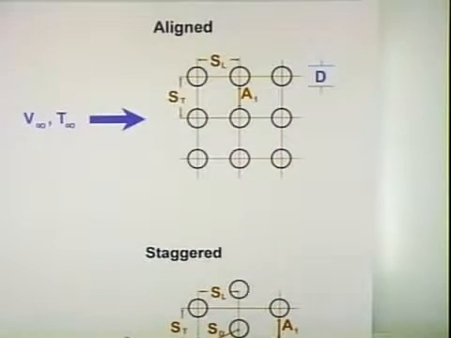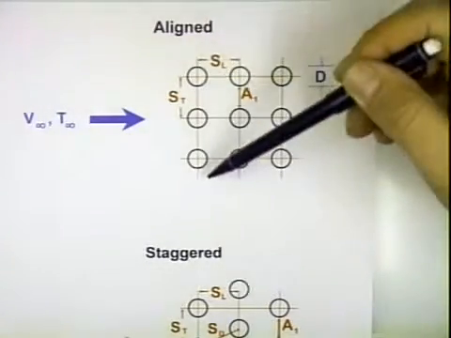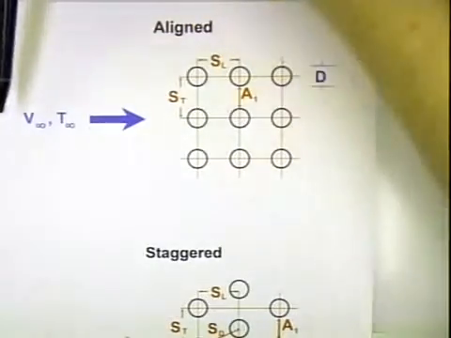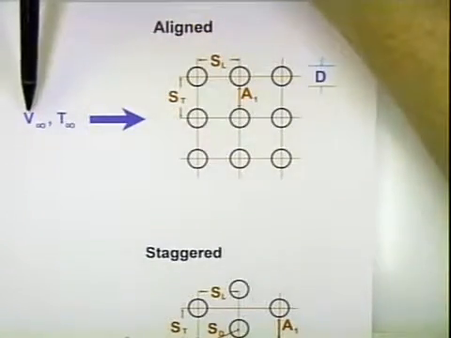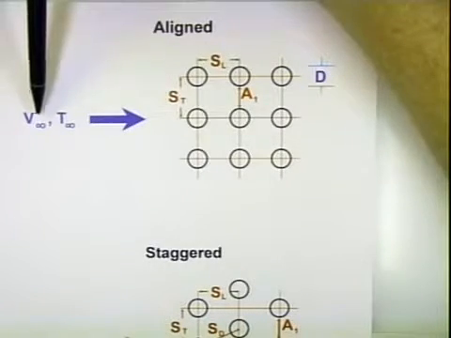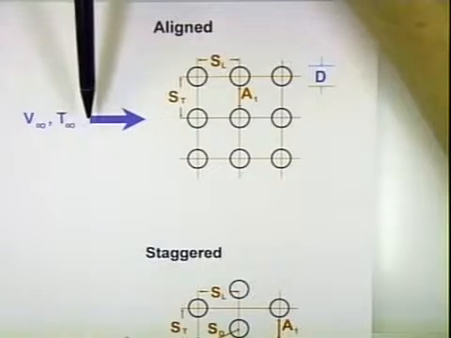So we have two choices. First would be the aligned configuration, and you can see that in the vertical direction they're aligned, and in the horizontal direction they're aligned. And we have flow coming into the tubes like this. V infinity would be the velocity of the flow far upstream of the tube bundles, and T infinity would be the temperature far upstream.